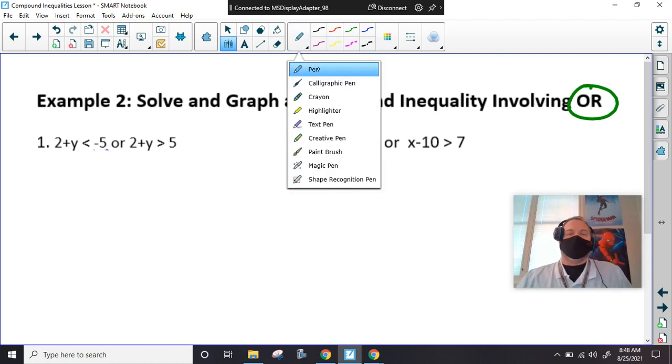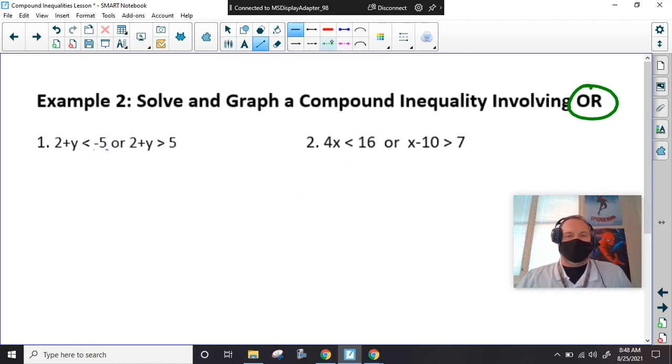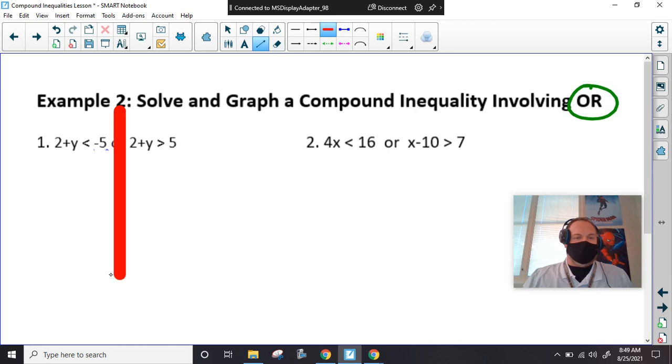All right. Now, here's the deal, pickles. This is two entirely different problems. I can't do like I did before where I subtracted or added and divided and multiplied and stuff like that. I have to do the left-hand side first and I have to do the right-hand side first.